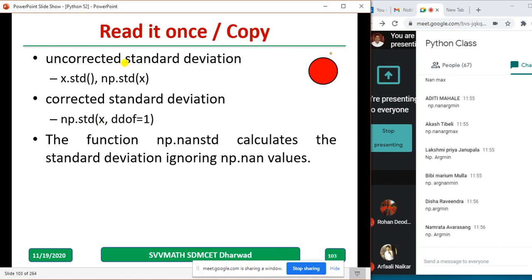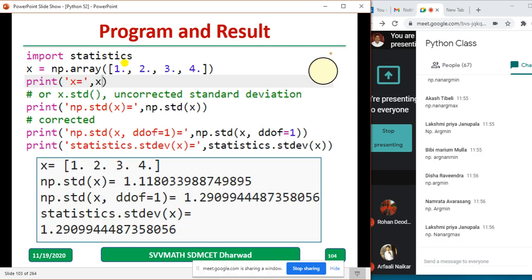Let me go to the next now. A small program I'm taking now. np.array, I have assigned 1, 2, 3, 4, printing x as it is, and I'm printing a standard deviation, and this is uncorrected. I'm using std. I'm not giving any parameters other than data, but if you want corrected, I have to type ddof equal to 1. So I'll get a corrected standard deviation.